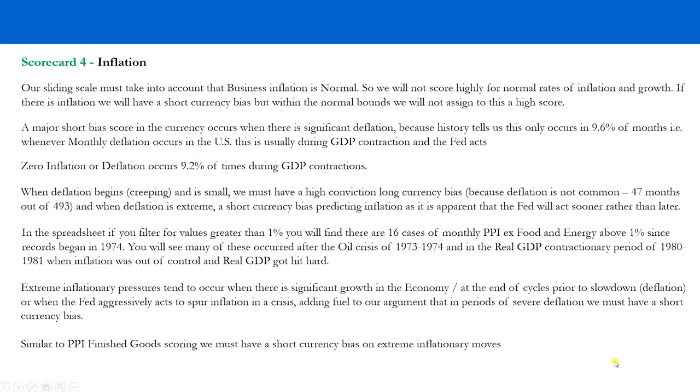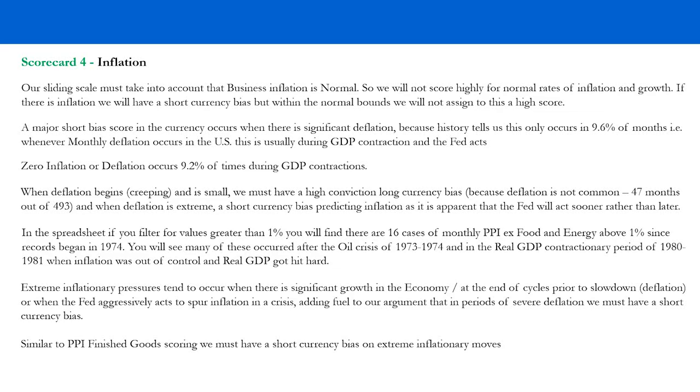Our sliding scale works in pretty much exactly the same way. We've basically got to approach this in a way in which we look at inflation, in this case PPI, business inflation, X food and energy. We look at inflation between what is normal and what is abnormal. So the sliding scale has to take this into account.